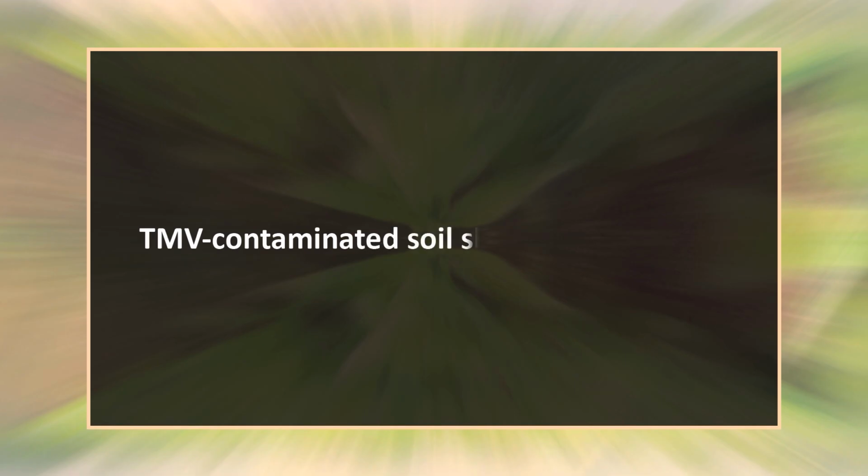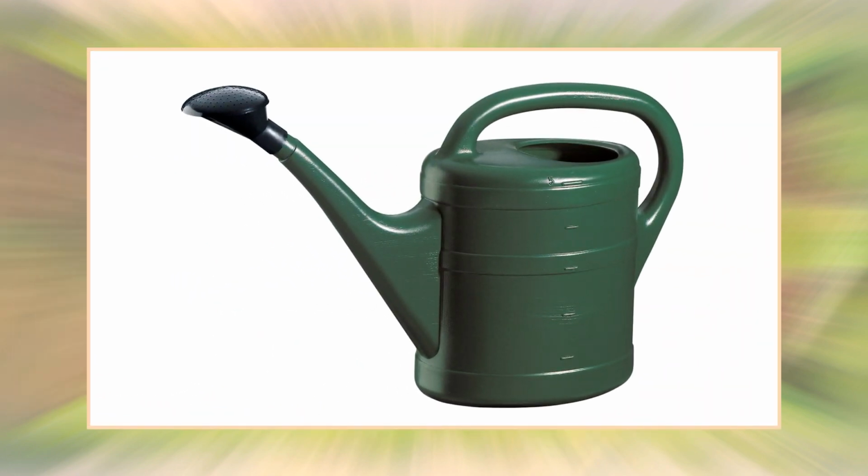Tobacco mosaic virus contaminated soil should be discarded. To avoid transmitting the virus from an infected plant to healthy plants, the watering hose or watering can should not be allowed to make contact with the plants.